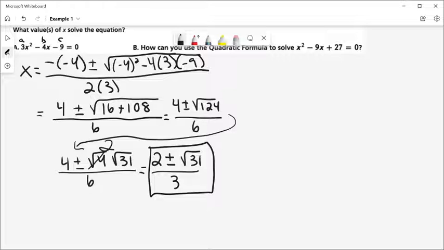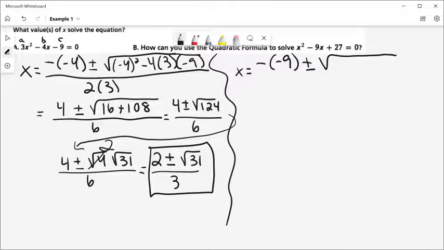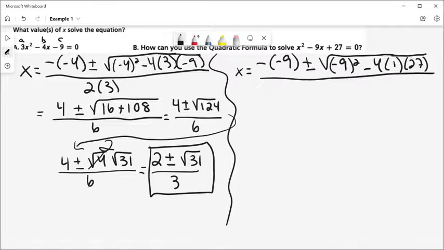Part B, we're using the same formula. So x equals the opposite of -9 plus or minus the square root of -9 squared minus 4 times 1 times 27. And that is all over 2 times 1.